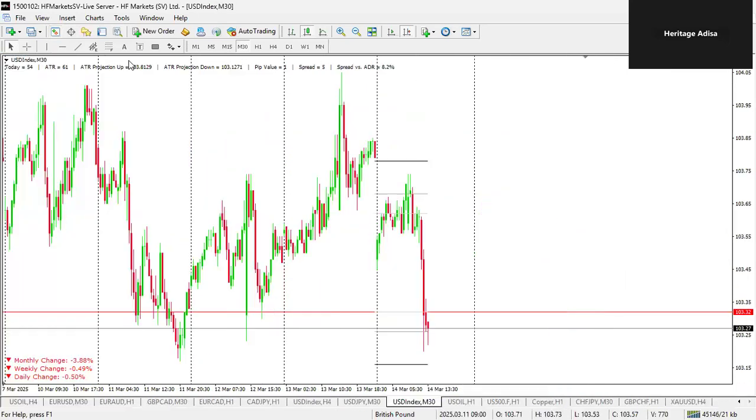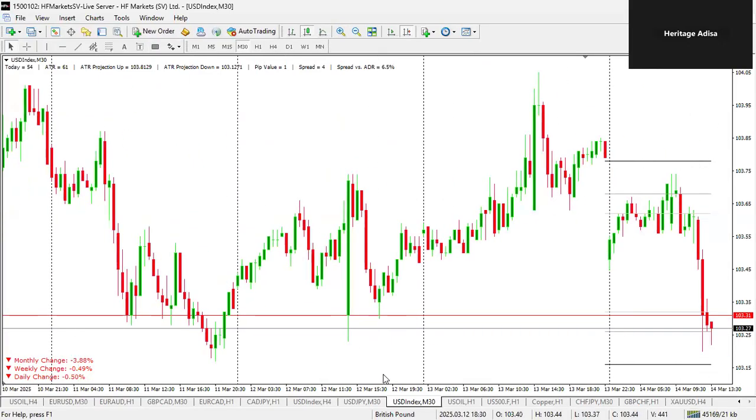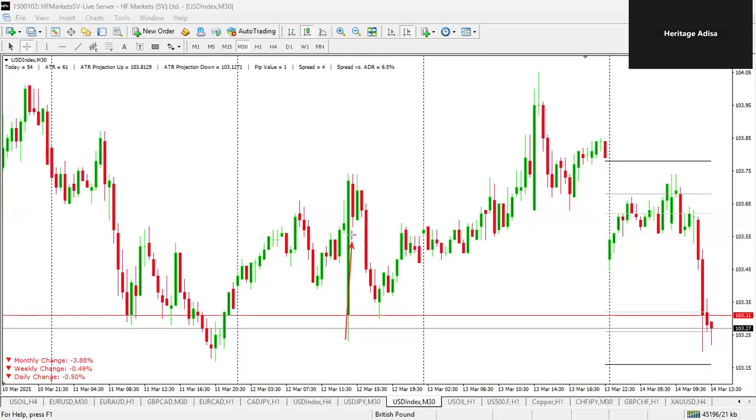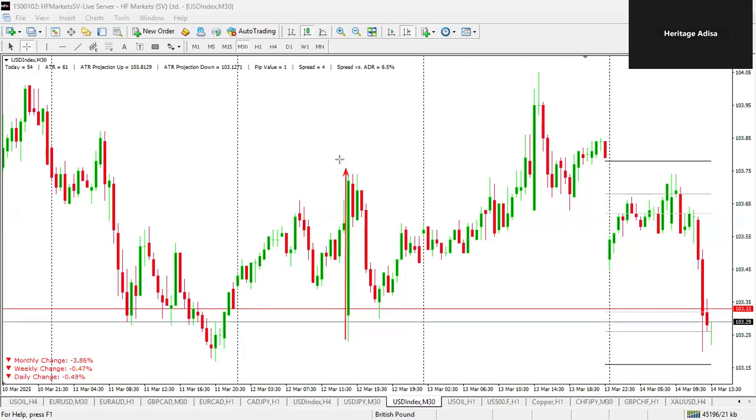Now, this is Wednesday right here. On the news, when inflation was released in the US, initially the US dollar dropped lower, but immediately gapped back up, which means instead of the dollar immediately weakening on the report of a bad CPI print, we saw a knee-jerk reaction.